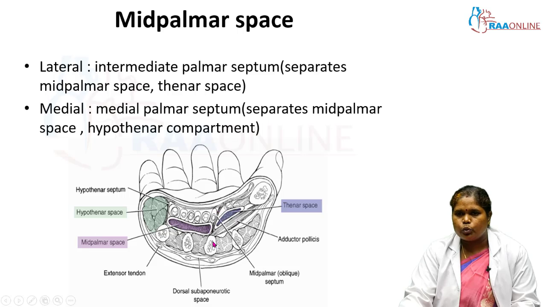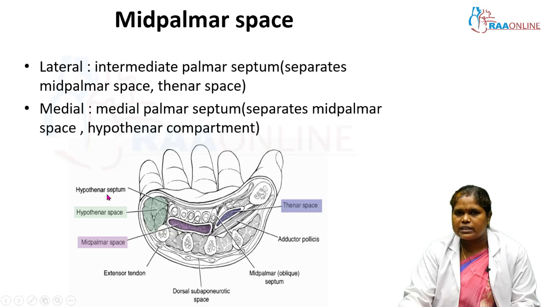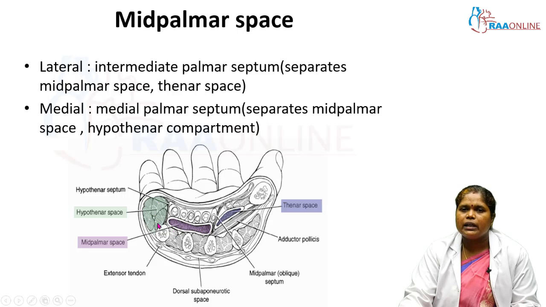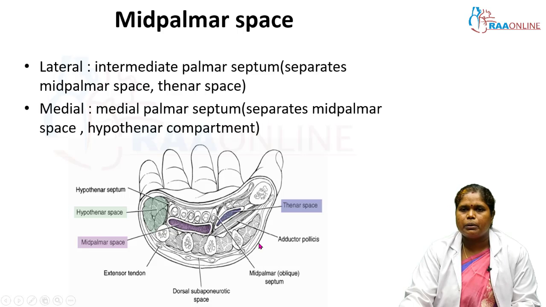So, the lateral boundary is formed by the intermediate septum or mid-palmar oblique septum. And medially we have the medial palmar septum, otherwise known as the hypothenar septum. This septum is going to separate the mid-palmar space from the hypothenar compartment. So, this is about the anterior, posterior, lateral and medial boundaries of the mid-palmar space.